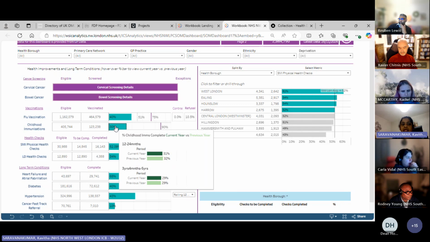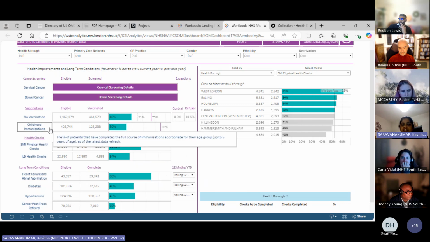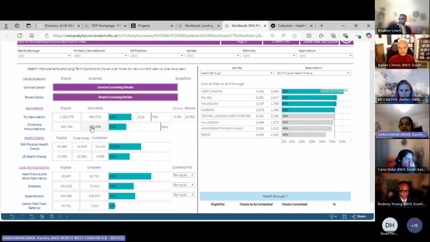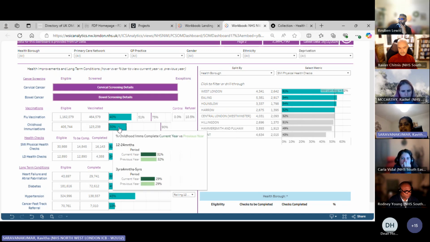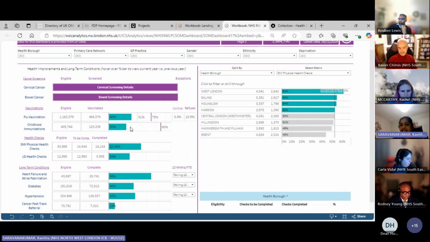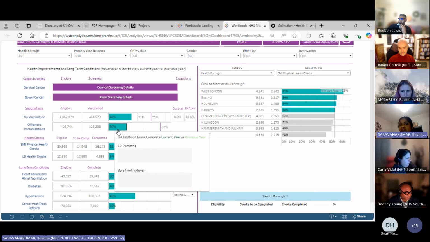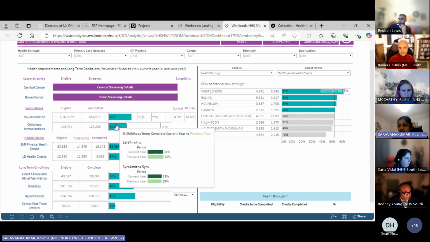The childhood immunization, again, is the percentage of patients that have completed the full course of immunization appropriate for their age group up to 5 years. And eligible cohort, the total vaccinated and the childhood IMS completed. There are a number of vaccinations included within this childhood IMS group.